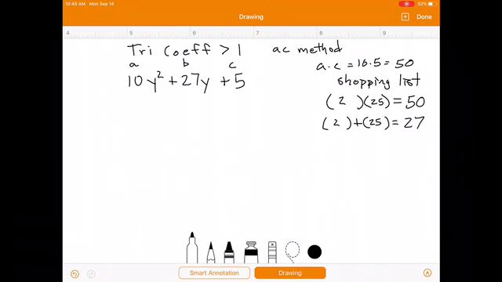Now, unlike the last example, this does not immediately tell us how these are going to factor using plus 2 and plus 25. That's not what's happening here. The AC method has a little bit more work you've got to do. So what is the purpose of this 2 and 25? It tells us how to split the middle term. We'll have 10y squared, but that 27y is going to split into 2y plus 25y.